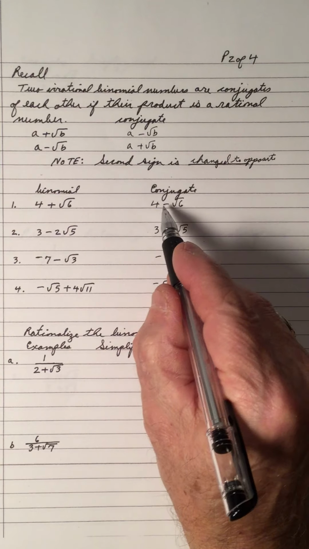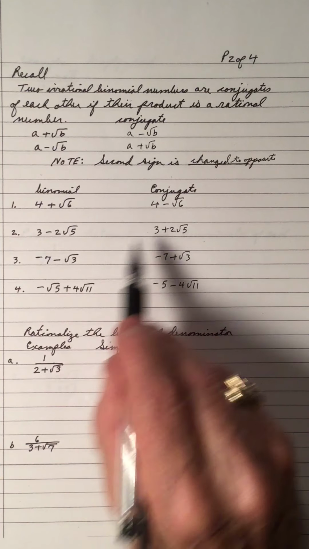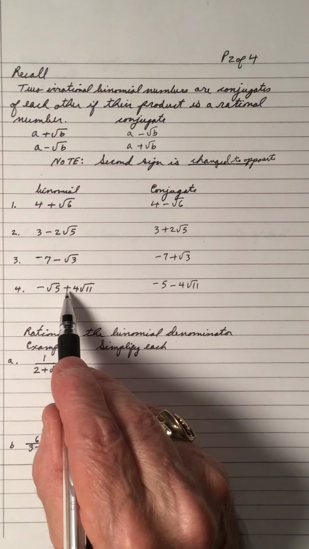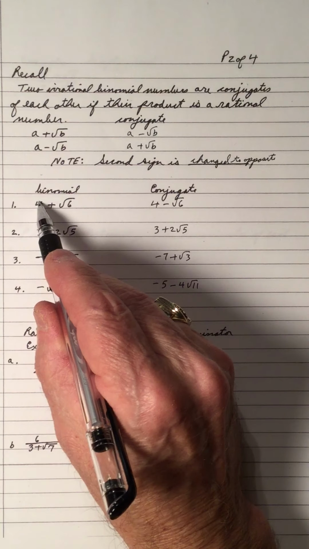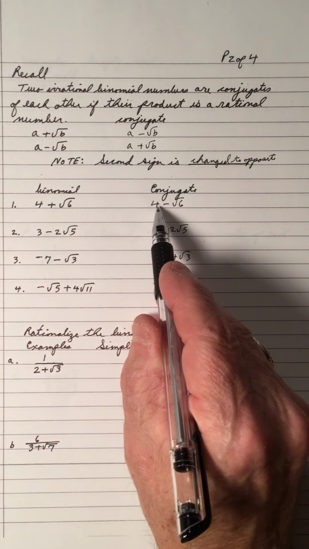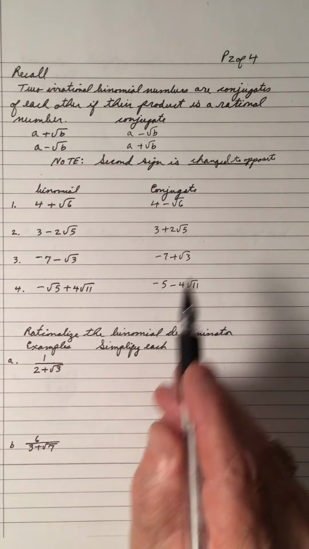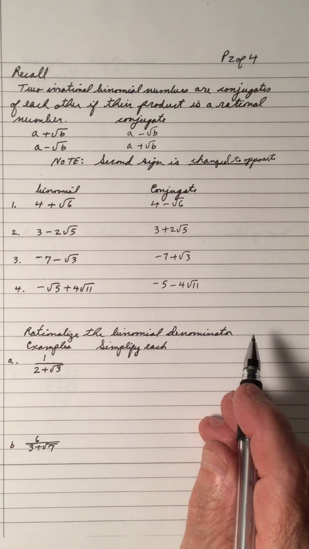Notice the conjugate has the second sign changed, plus to a minus, minus to a plus. But the first one is not changed: 4, 4, 3, 3, negative, negative, negative, negative. Only the second one has changed.